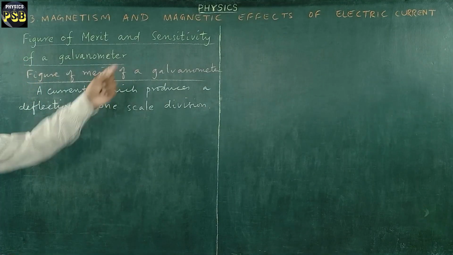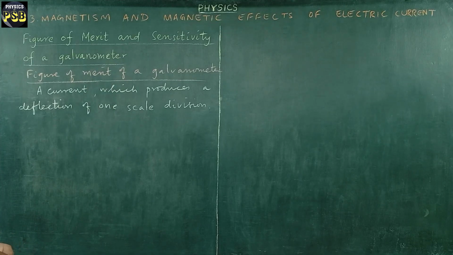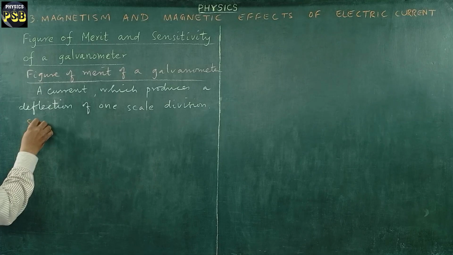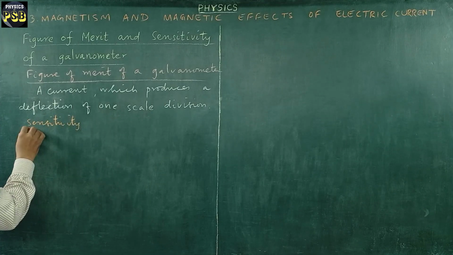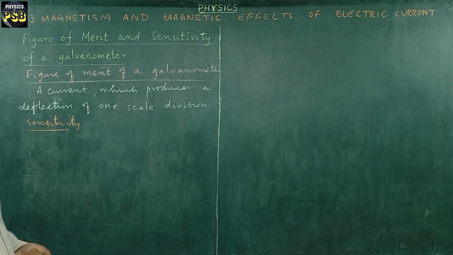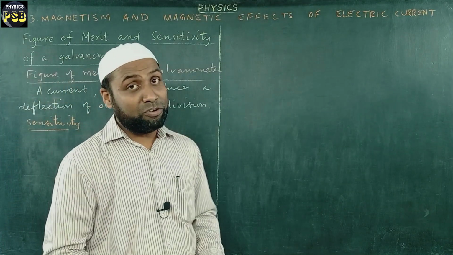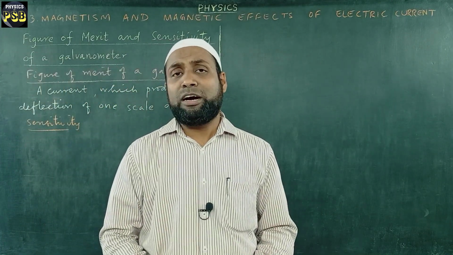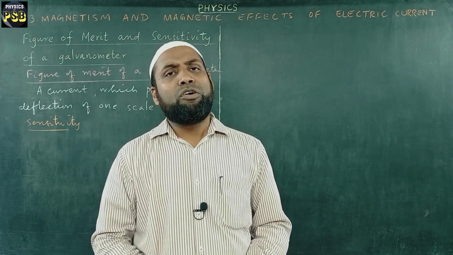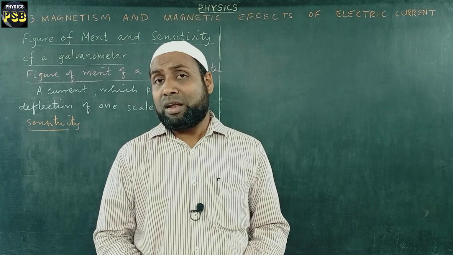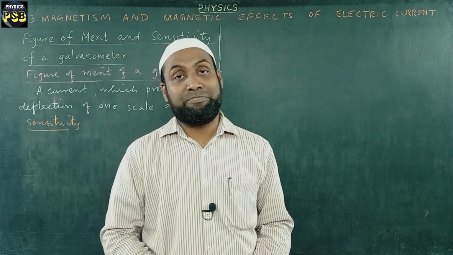Now, next, let me know what is sensitivity. Sensitivity of a galvanometer. A galvanometer is said to be sensitive when it produces large deflection for the passage of small current or voltage.